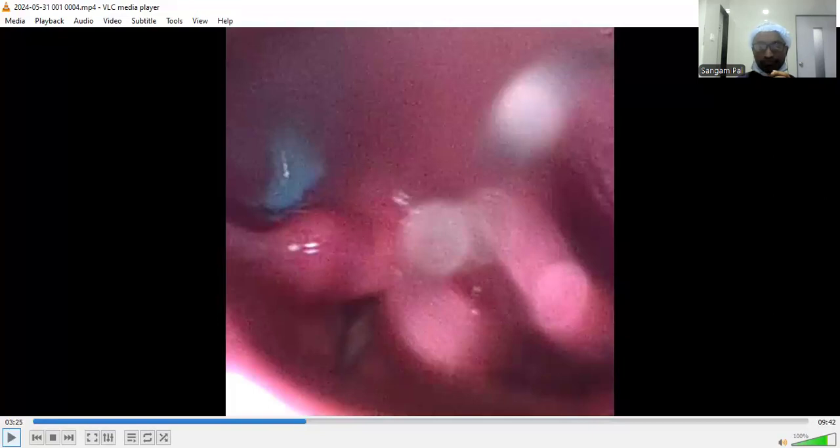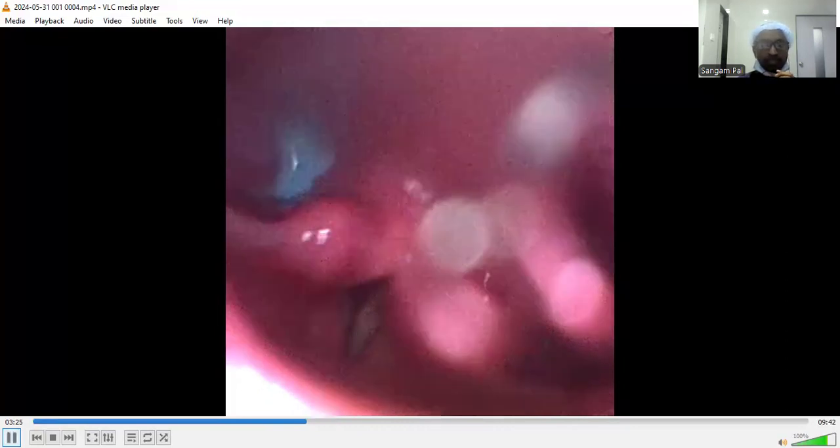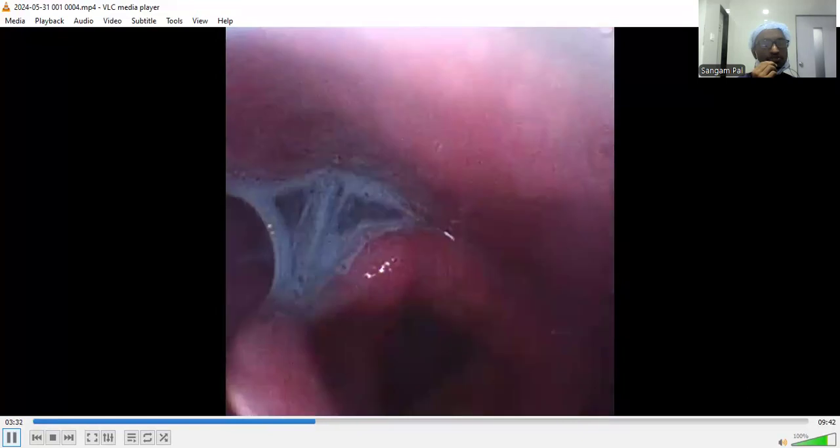So this is blue colored as we saw. So we will see three aspects. So this is first pre-swallow. The bolus is passing through the vallecula to the piriform sinus. It is not going inside the laryngeal inlet. And then there'll be swallowing, that is laryngeal elevation, and we call this white out.